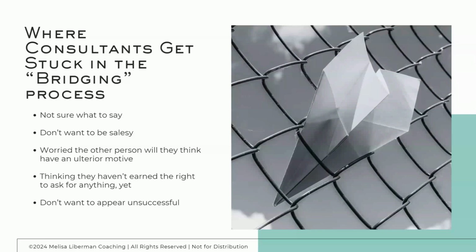And you notice yourself getting stuck in this process where you've met them, and it's a great conversation, but then it doesn't go anywhere. That's what we're talking about here today.